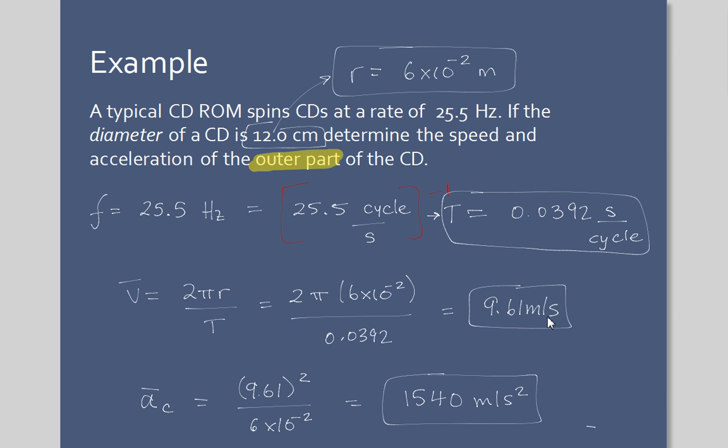So we're talking about a point on the outside edge of the disk, because when you're on the outside edge, you have to travel a farther distance. If you were on the inside part, it would be a different radius, and you're mapping out a different distance. Okay? So that's why they mentioned the outer edge of the CD.